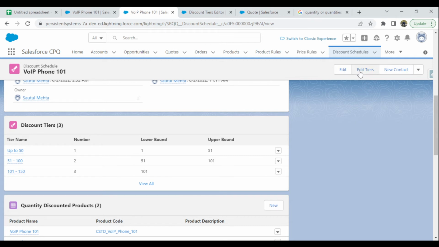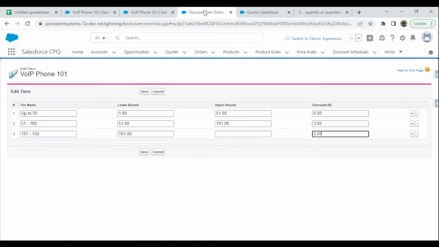We can edit these discount tiers by clicking on this edit tiers button. Once we click on the edit tiers button, we'll have this page where we have defined the discounts. Here, up to 50 quantities comes to lower bound 1 and upper bound 51. So 51 won't be considered, and at that time we are giving $0 of discount. Then the next tier is 51 to 100, where my lower bound would be the upper bound of the previous tier, that is 51, and the upper bound 101.